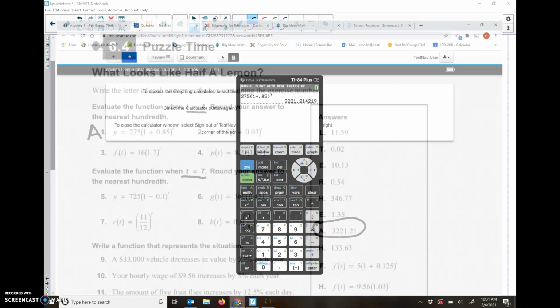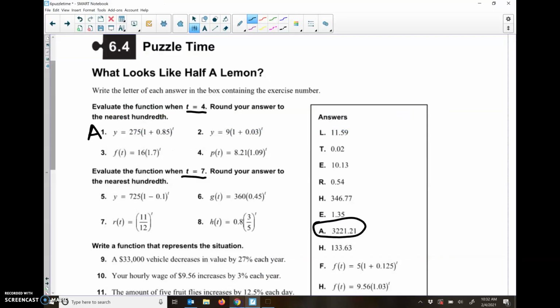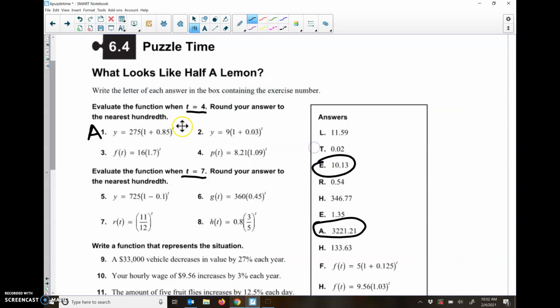And if we look at number 2, we get 9 times 1 plus 0.03, again raised to the 4th power. And we get 10.12, so should we round up? Yep, 10.129, so we're going to round up to letter E there.